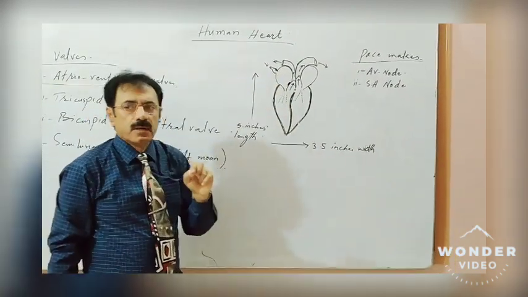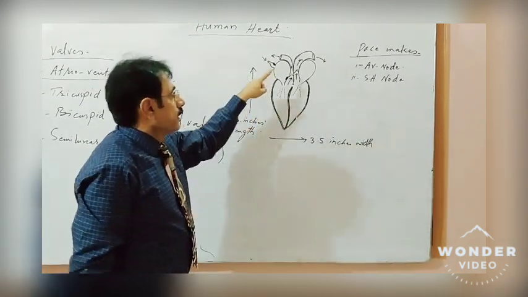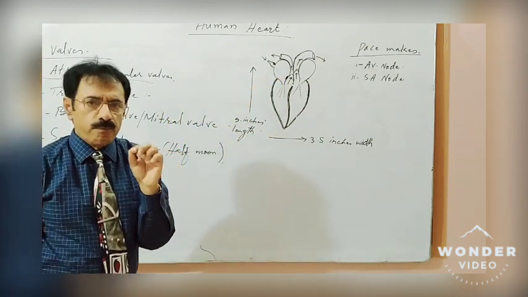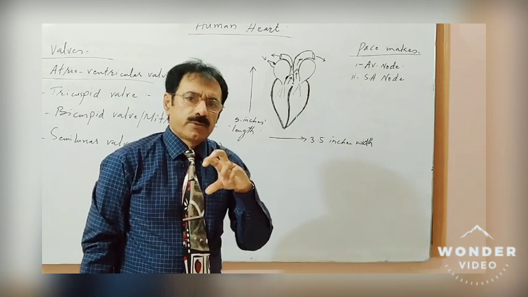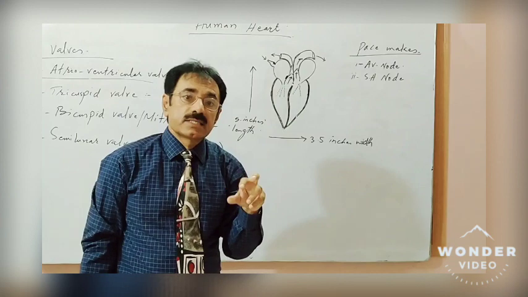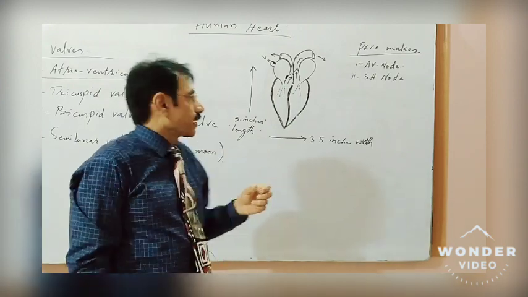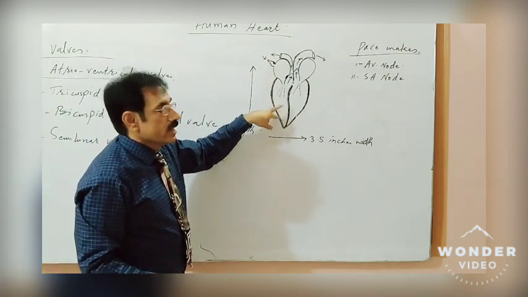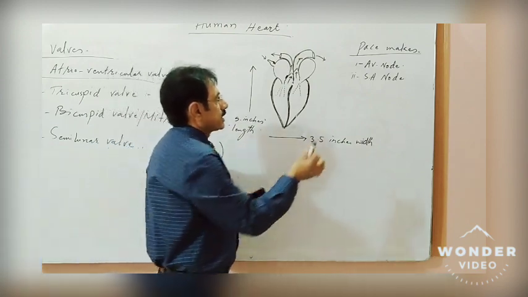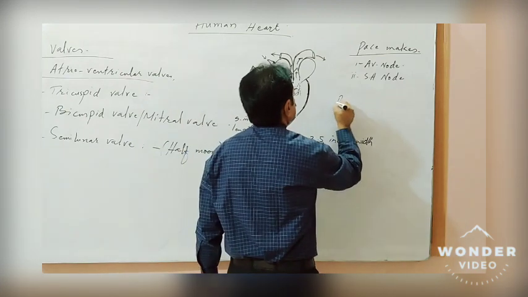A pacemaker is actually a small muscular cluster of cells, and it produces autonomic signals, meaning electrical signals or electrical current, and they are directly connected to the Purkinje fibers.